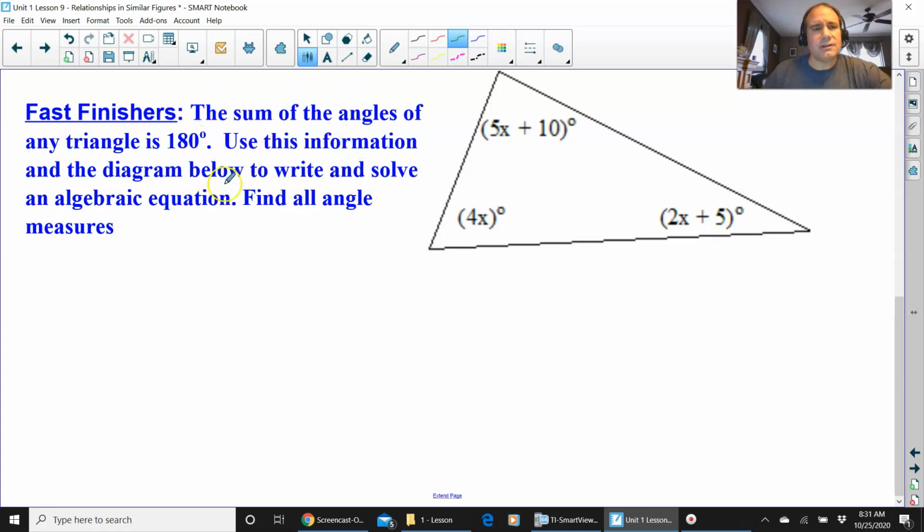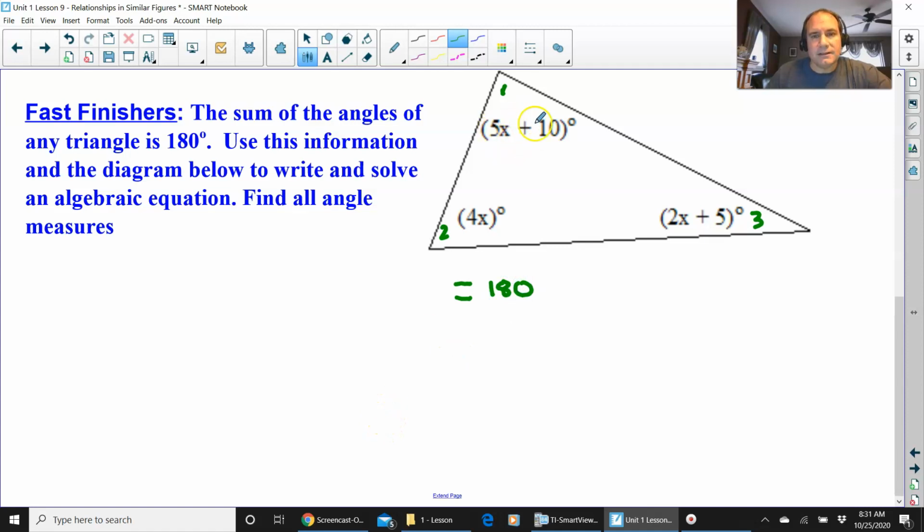Use this information in the diagram to write and solve an algebraic equation. Find all angle measures. So that means this interior angle plus this one equals 180 degrees. So we're going to set up an equation. Hopefully you know that the equation must be equal to 180 degrees.